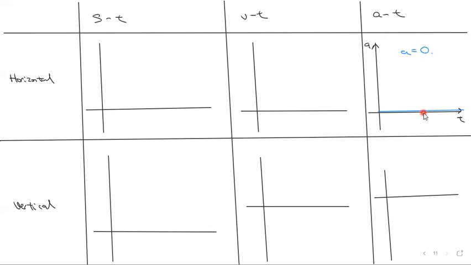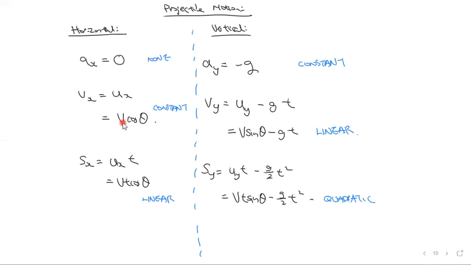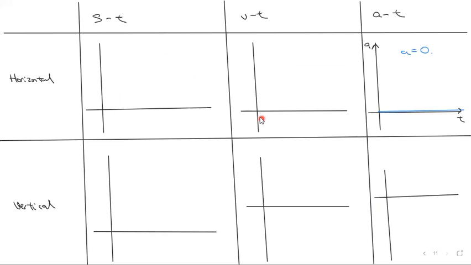Now, if you've got no acceleration, that of course means that your velocity shouldn't change, and it doesn't. That's why it's always at ux, the initial velocity, otherwise known as v cos theta, which means that your velocity-time graph will just give you a straight line that is flat because it doesn't change.